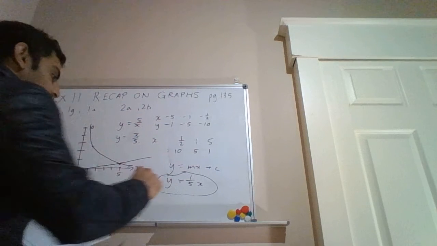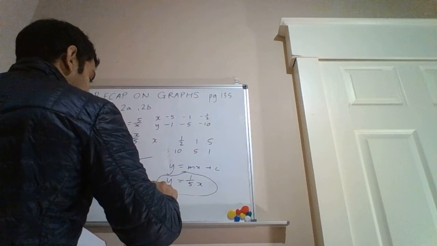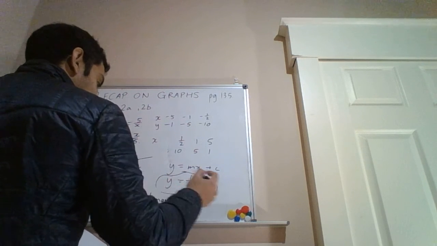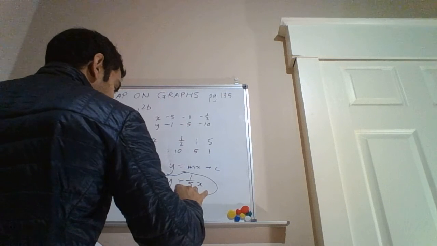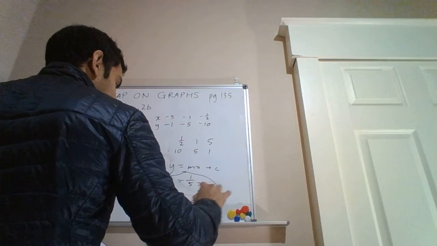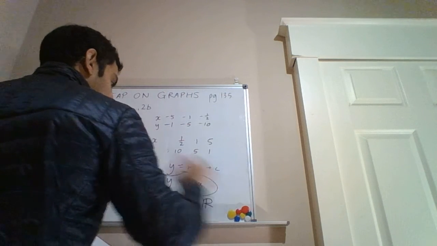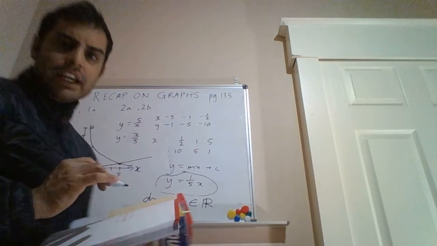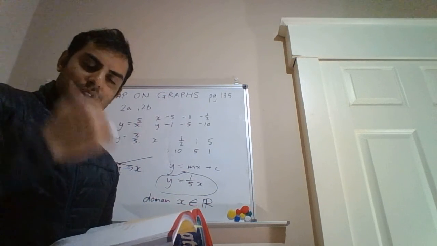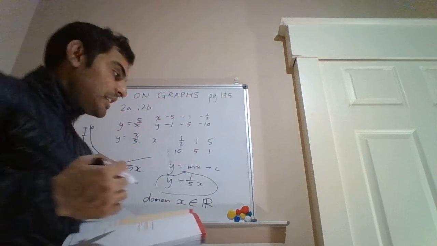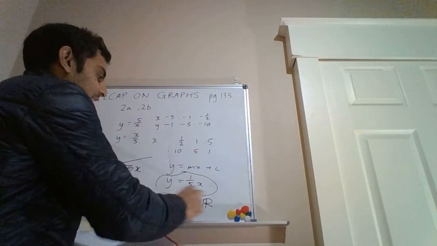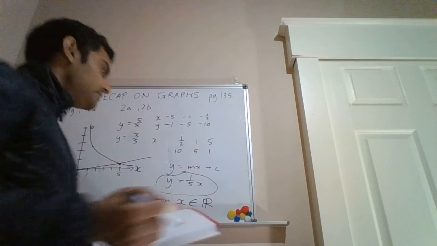Okay, so our domain, and if we have our notation for any value, is x is an element of the reals. Okay, so you might recall what real numbers are from grade 9 at the beginning. So x can be any real number.